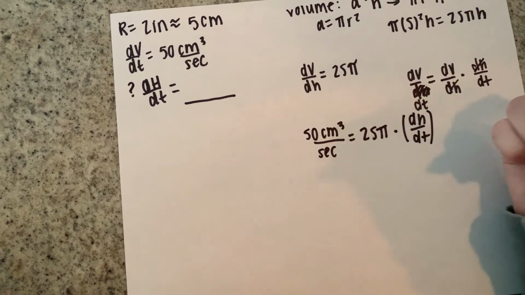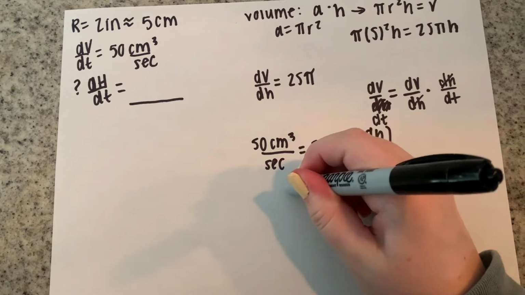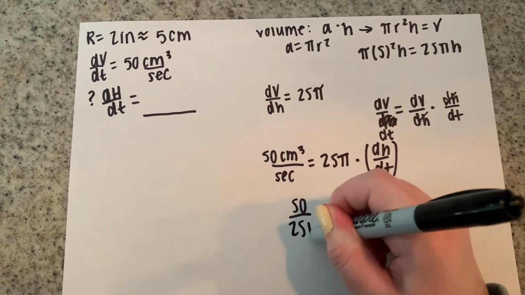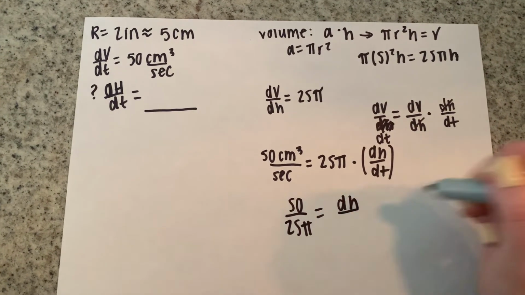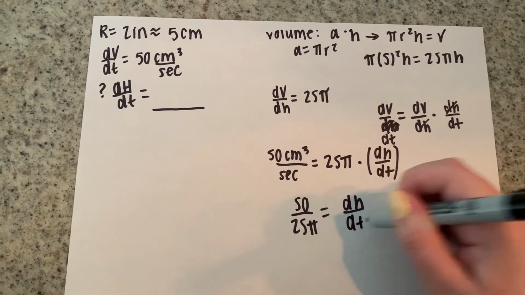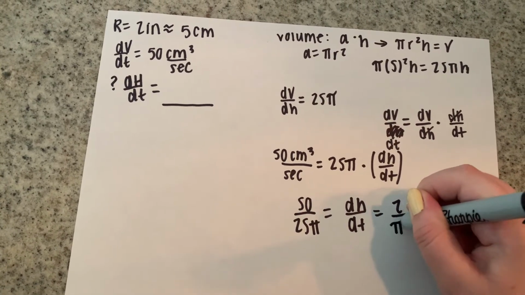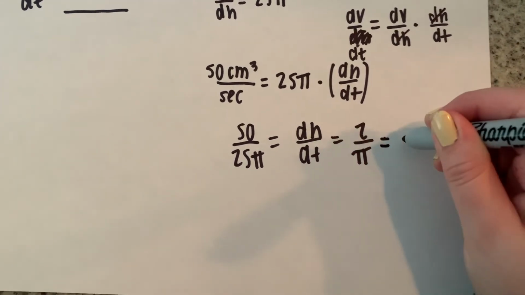And this is where we begin to algebraically solve. So we're left with 50 over 25 pi equals dh over dt. That's essentially 2 over pi.